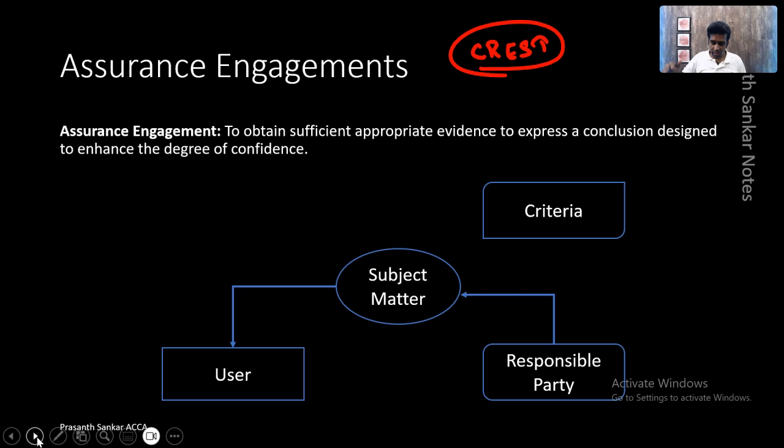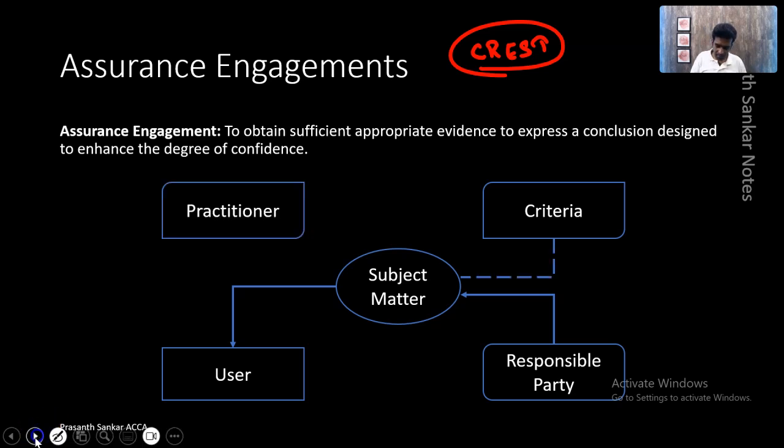So when the expert looks into the subject matter, he will look for a specific criteria to check whether the subject matter is of utmost quality and is fulfilling all the nature. He will look into a specific criteria to evaluate the subject matter. And there will be, of course, a practitioner who will be using the criteria to investigate the subject matter.